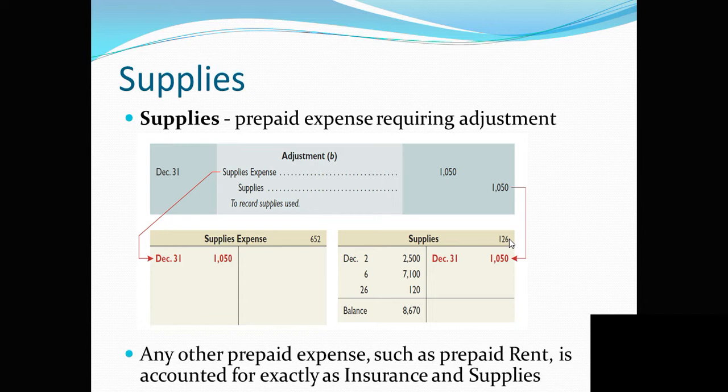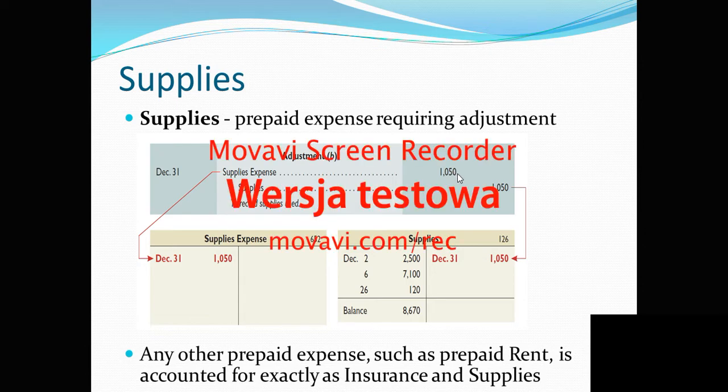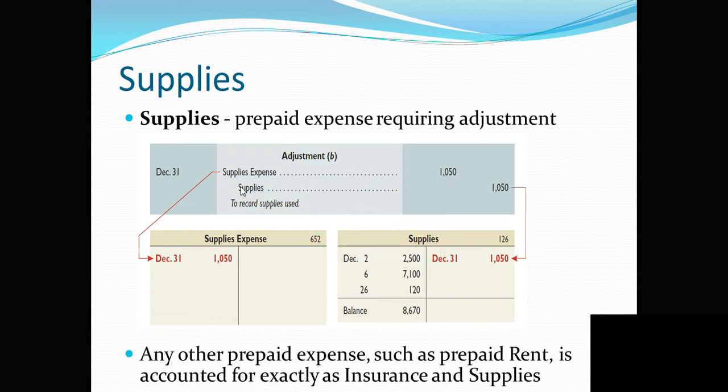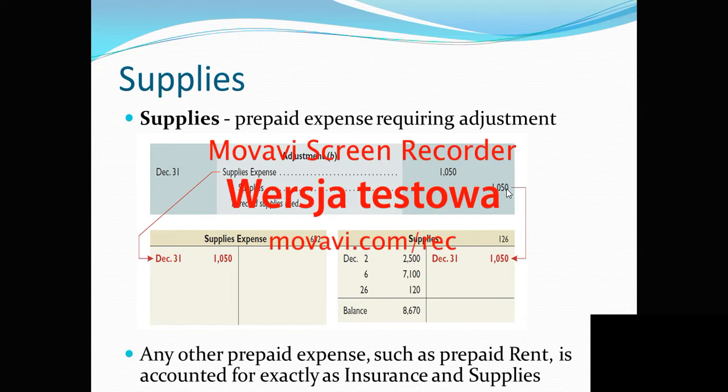So this is one example. At the end of the accounting period, you recognize $1,050 of supplies expense, and you credited here $1,050 supplies, which means that from the initial purchase you decreased, you subtracted $1,050, which means that you used $1,050 of supplies during this accounting period.